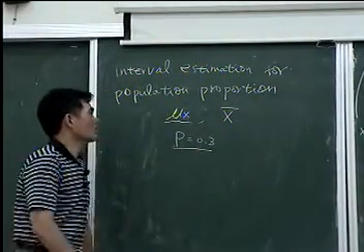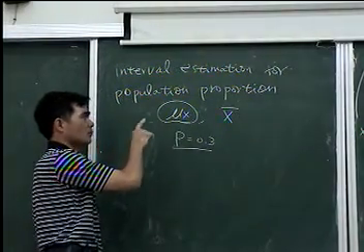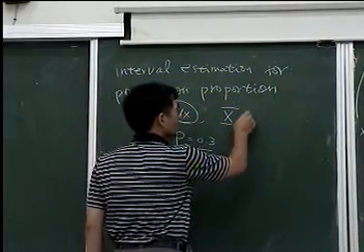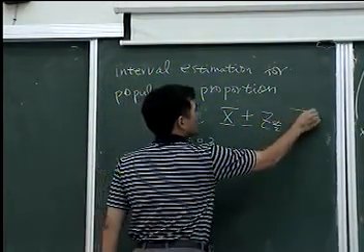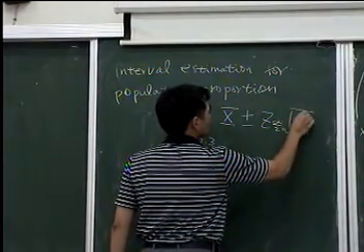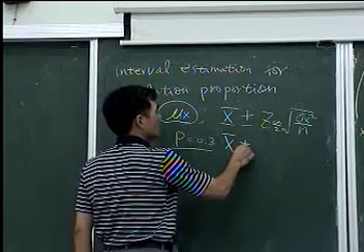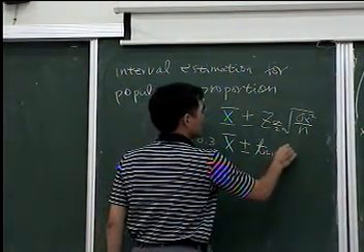So when we try to estimate mu x, we use x bar, and we use what kind of distribution? Z distribution, right? If it is t distribution, that would be t with n minus 1.